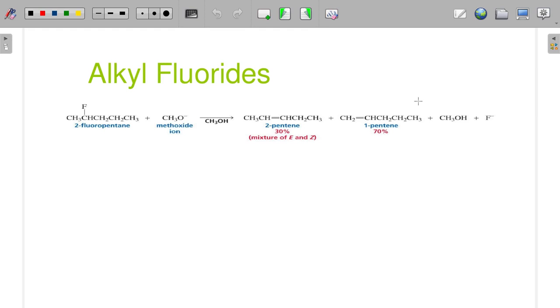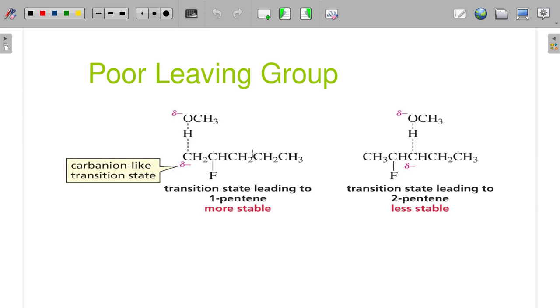We also find that alkyl fluorides favor the less substituted side as well. Now, this has nothing to do with bulk, has to do with how that fluorine stabilizes it. All right, because fluorines are so darn electronegative, they actually never really hold that negative charge.